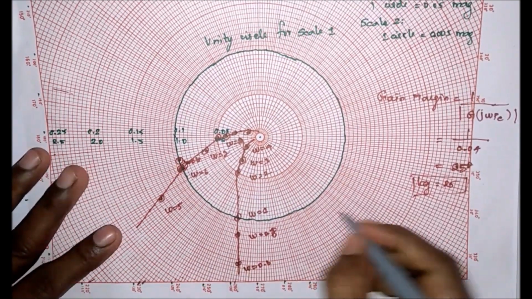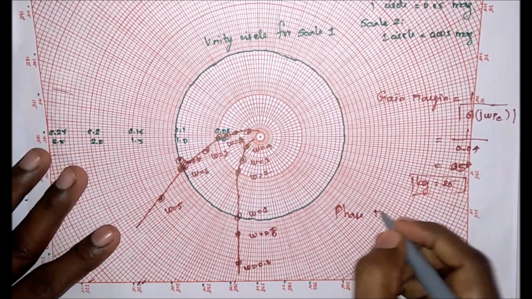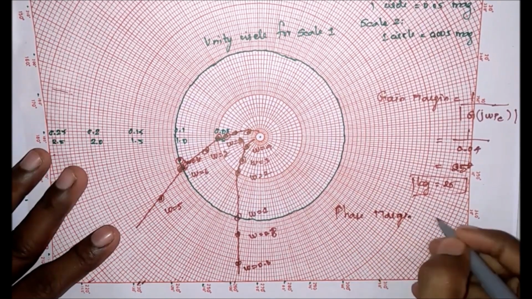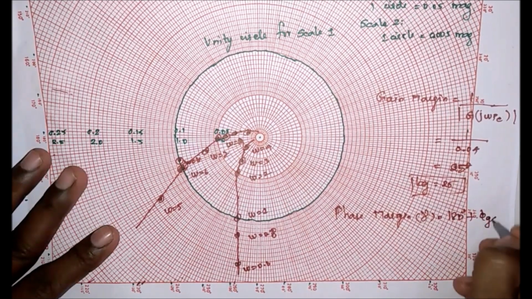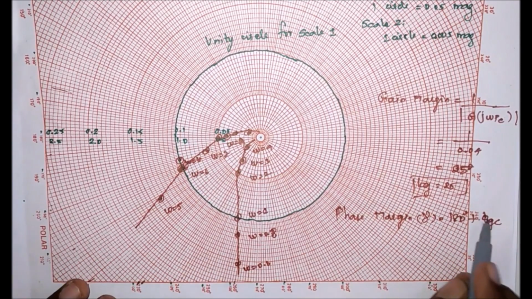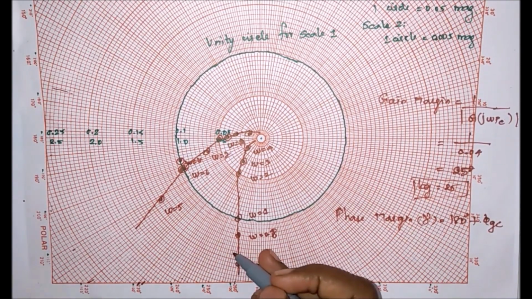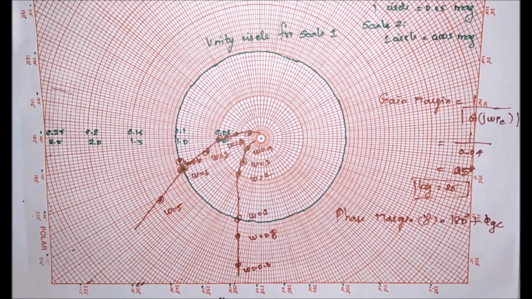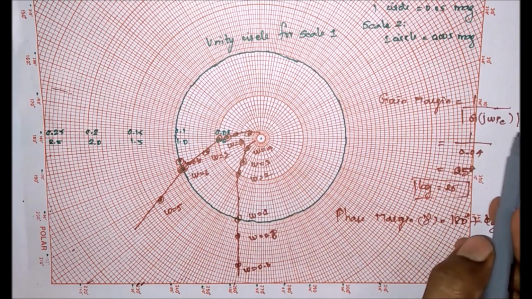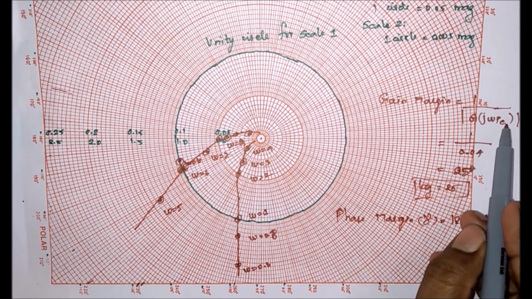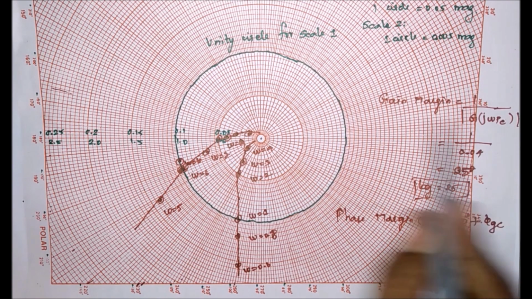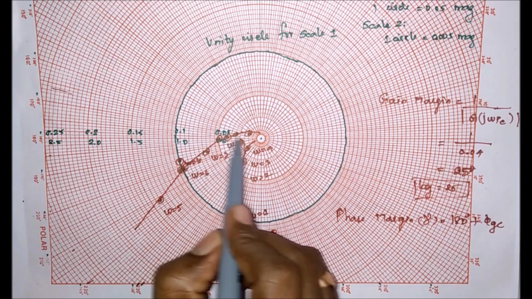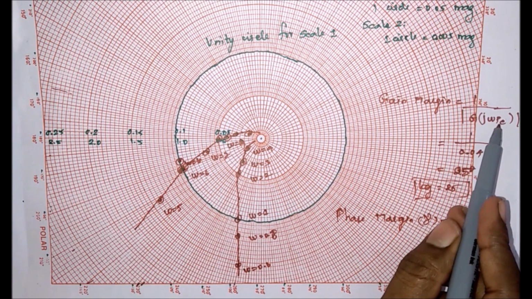Next, phase margin. Phase margin gamma equals 180 degrees plus phi GC, where phi GC is the angle at the gain crossover frequency. We have to consider the first plot, and after that the second plot. Phase crossover means where the plot meets minus 180 degrees, and the corresponding magnitude is the gain at the phase crossover frequency.